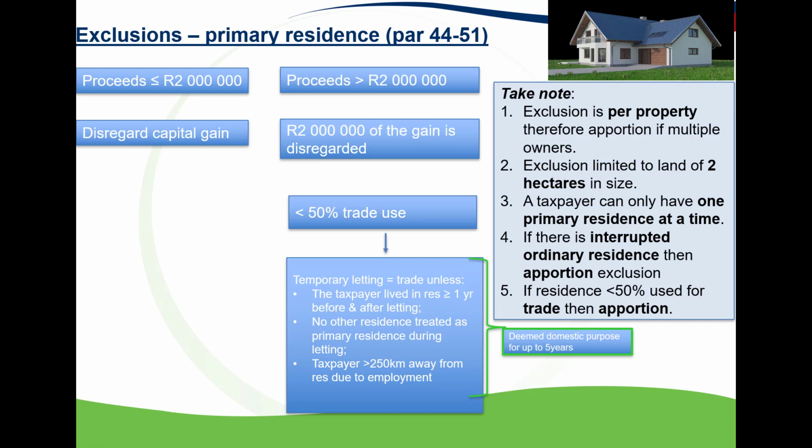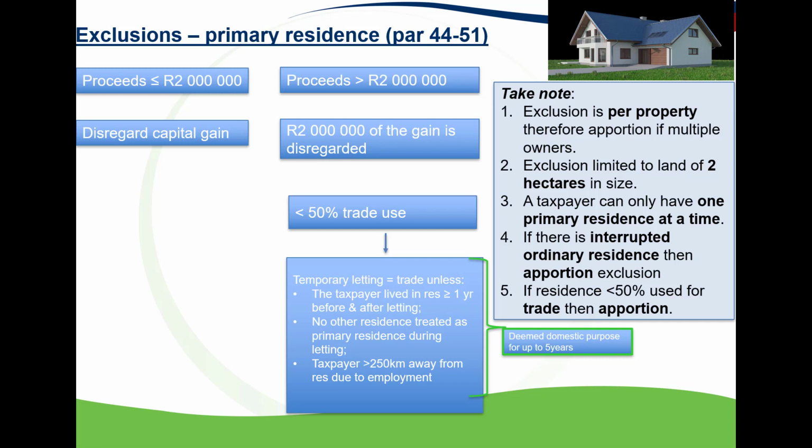They are seconded in Gauteng, so they spend most of the time in Gauteng, but they don't have another primary residence in Gauteng. And then after the 2-year project is completed, they move back to their primary residence in the Northwest. They stay there for about 7 years before they sell their property.